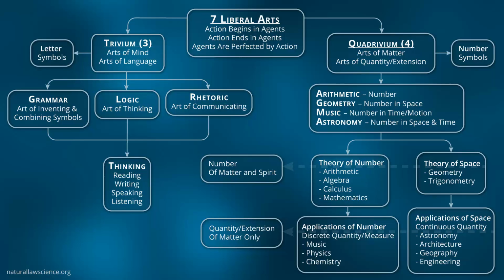So the importance of the 7 liberal arts is to get to action, to do something in the world with what we know. Action begins in an agent. We are causal agents and we can create actions, and the action ends in an agent.